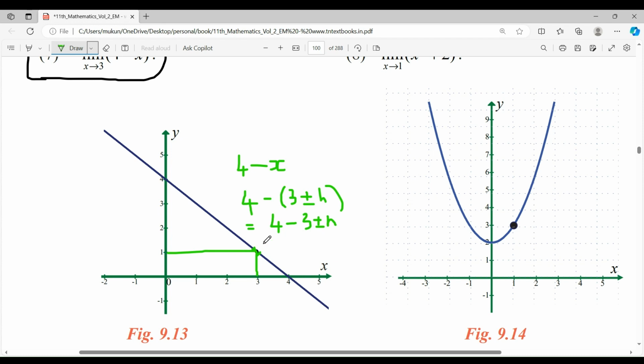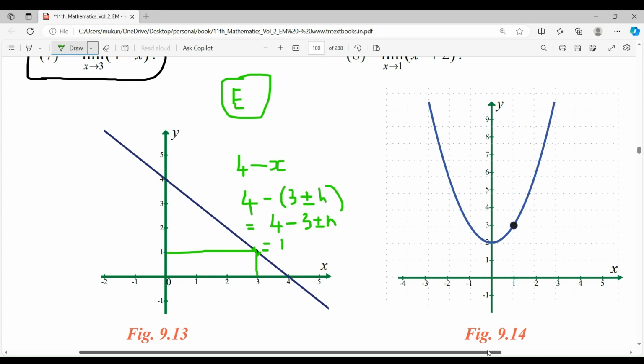And as h tends to 0, you have 1, right? So this graph tells us that a limit exists for this particular function as x tends to 3. So it exists, right?